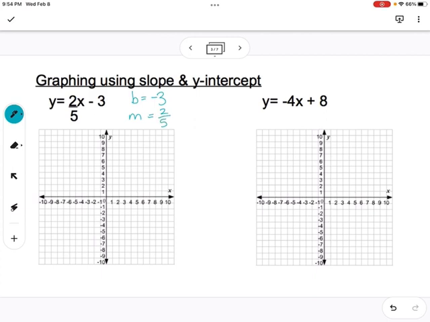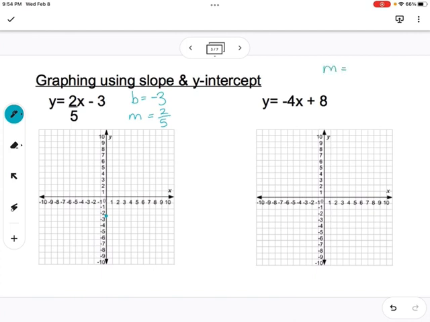So what we're going to do is start by graphing the y-intercept at -3. So that's right here. Then we are going to use our slope to move to our next point.